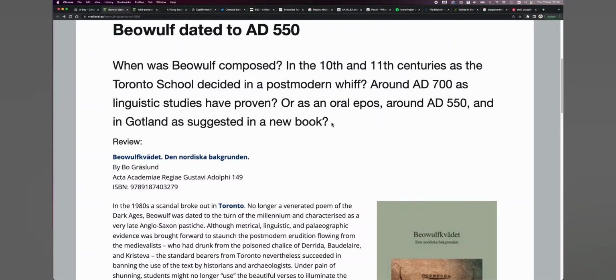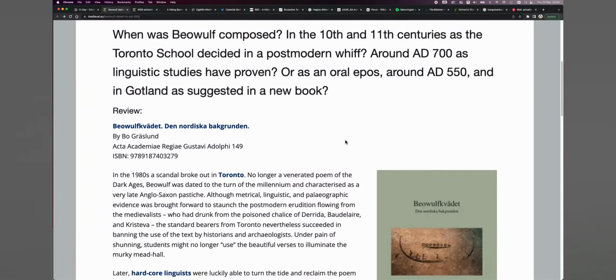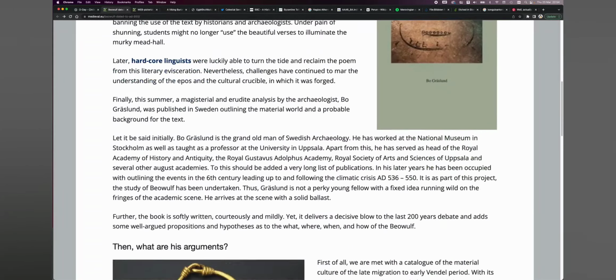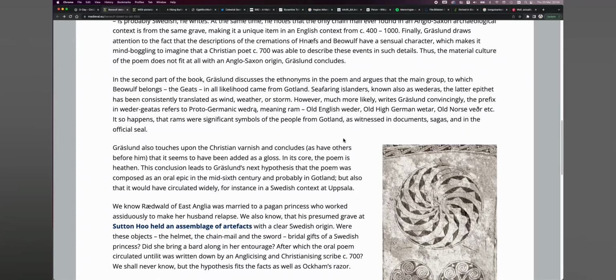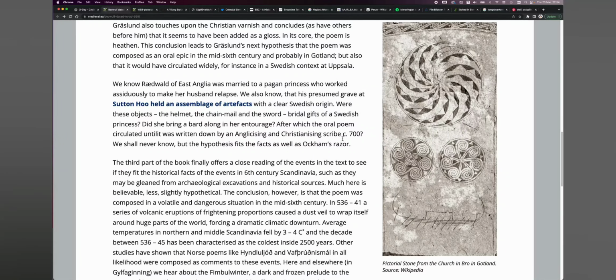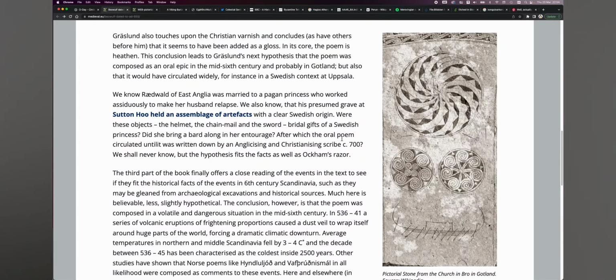Actually, it doesn't really matter. The interesting thing is that this art that is kind of associated with the Vikings from Sweden and Norway and Gotland specifically is very interesting to me.